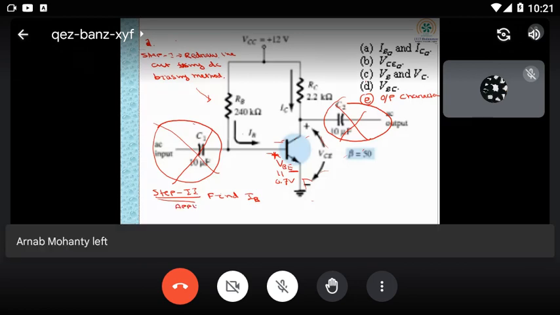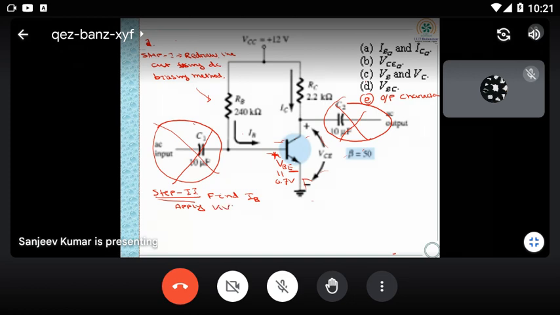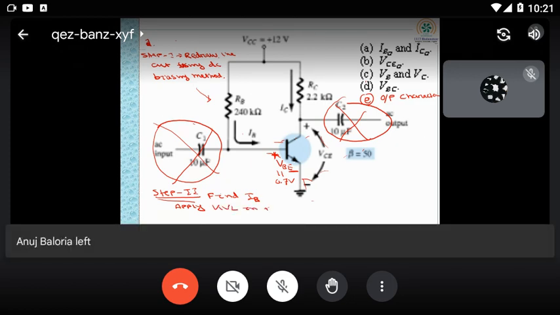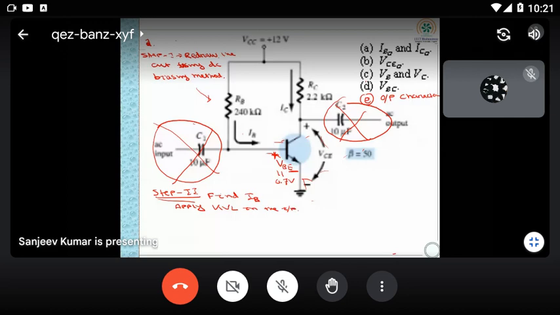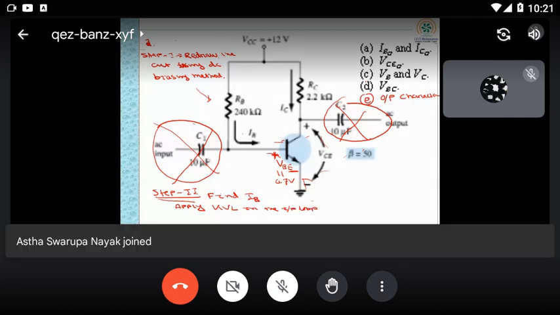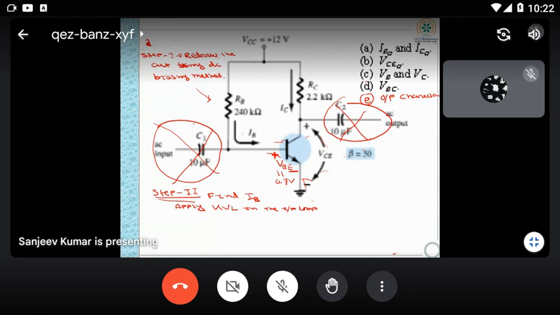Apply KVL in the input loop. Input loop means, because this is supply voltage and this is ground, current will flow like this. Are you getting me?